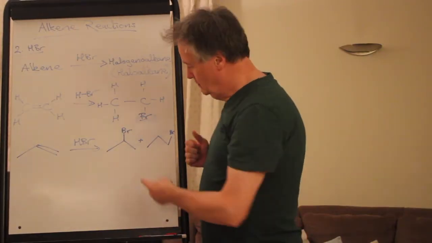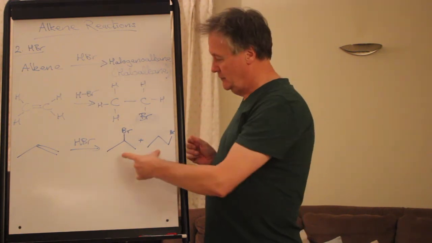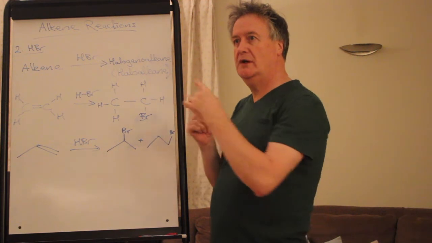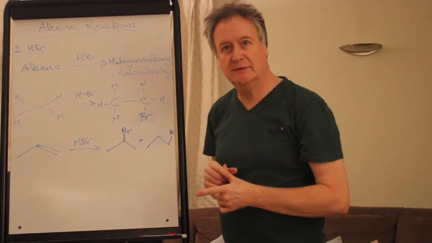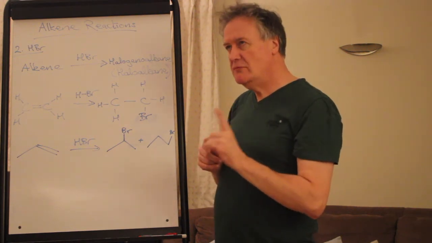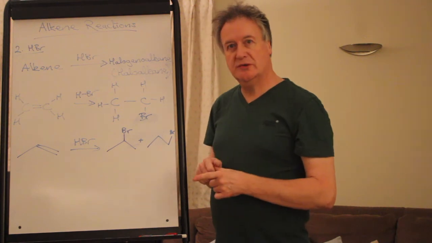So have you had a go? Look, 2 products. Did you get that you could put the bromine on at one end or the other end of the double bond, because that's the choice. Now you need to know more than that. You need to know, firstly, that those are the 2 possibilities.